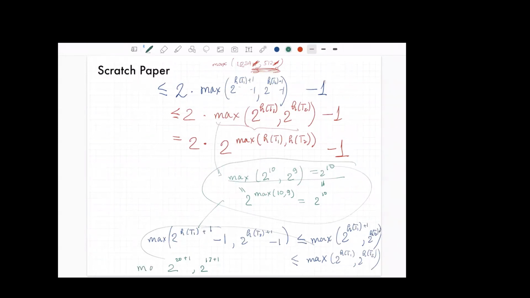So if I write something like max of these two numbers, isn't it true that it's smaller than max of 2 to the 20, 2 to the 18? So if I subtract 1 from both, isn't this true?